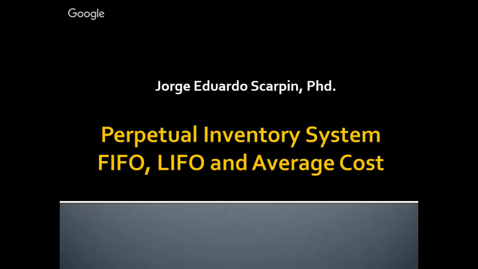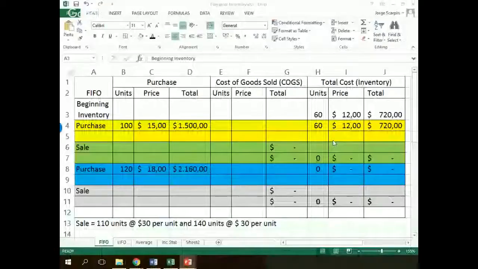LIFO, last in, first out. The last purchase will go out first. And average cost, we work with the average purchase price we have. So it will be much easier if we work with an Excel spreadsheet.